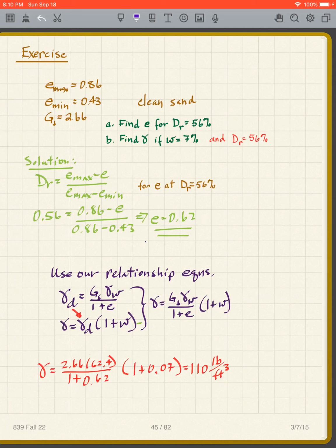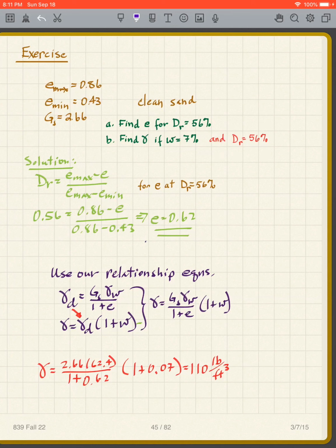So a void ratio of 0.62 is going to give us a relative density of 56%. Then for the second part, I want a gamma at a water content. So we know that when our relative density is 56%, our E is 0.62.